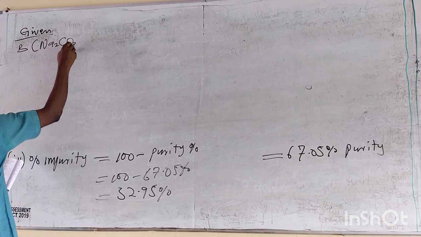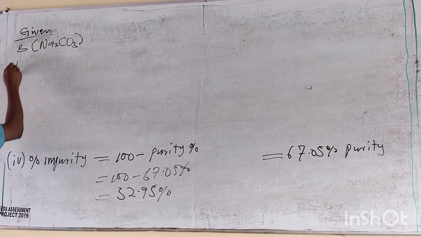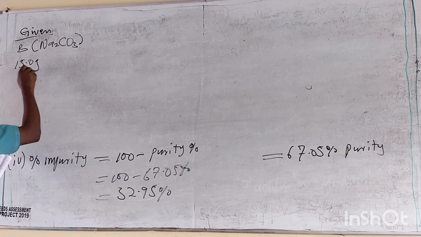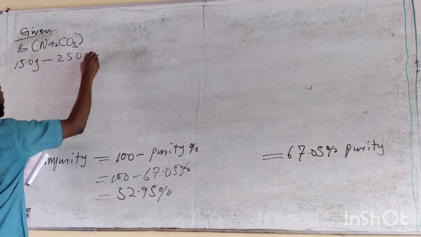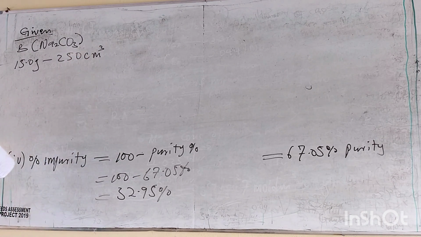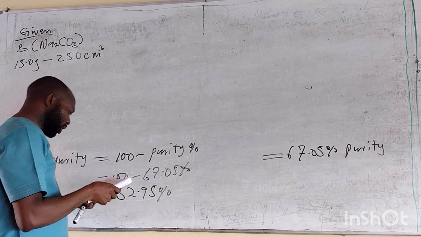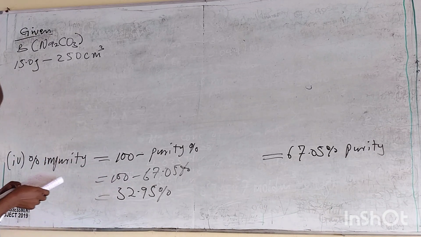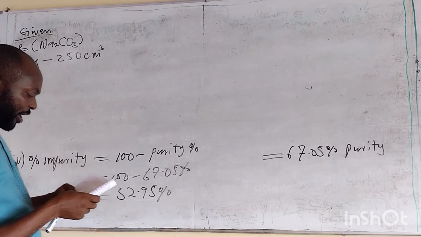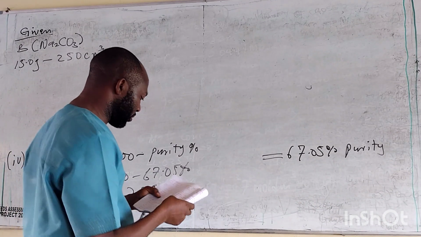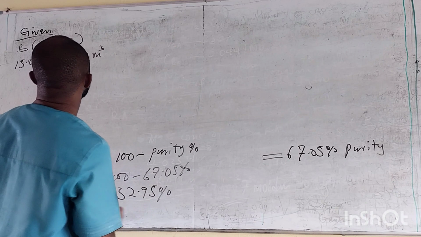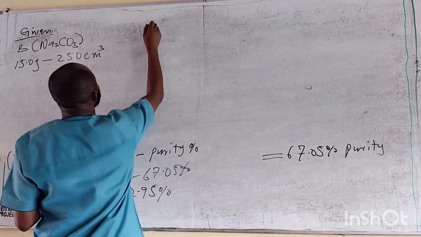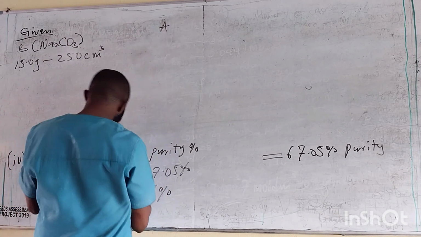Sodium thiocarbonate, we have 15.0 grams of this in 250 cm³. So we say 25 cm³ of this solution neutralize 24.5 of the acid.